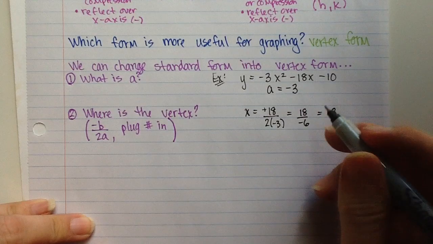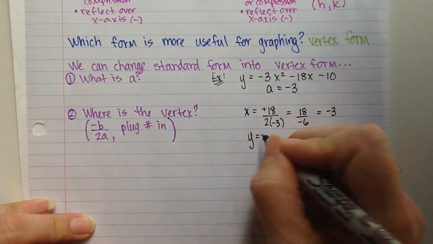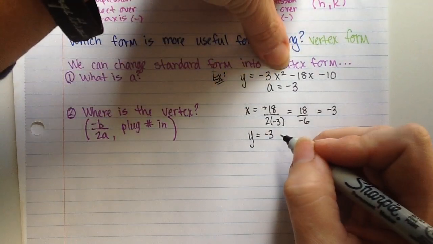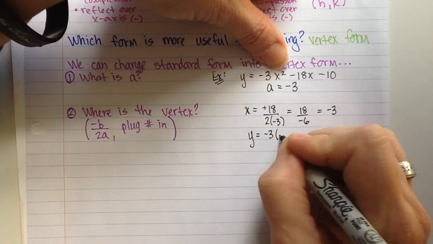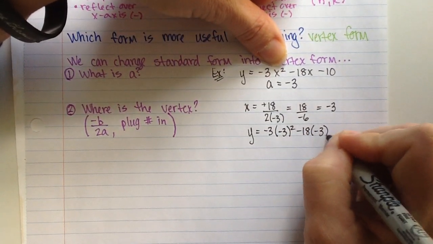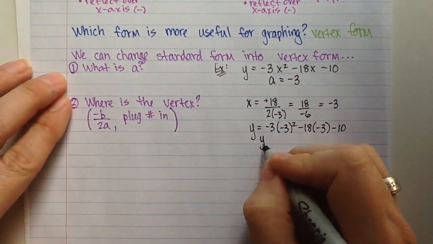And then to get the y-coordinate, we have to plug negative 3 in to that equation. So y equals, that's the negative 3 that was already there. And then instead of x squared, I'm going to put parenthesis negative 3 squared minus 18 parenthesis negative 3 minus 10. We keep working that along.